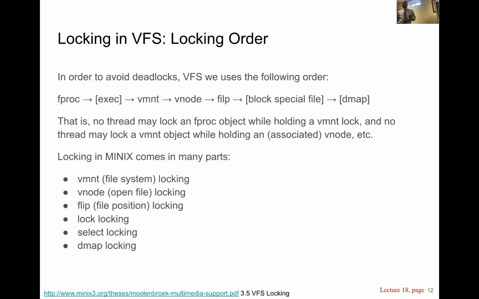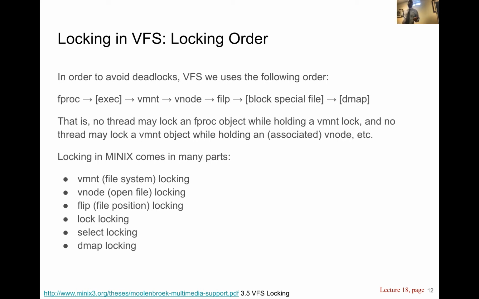As an example, a thread cannot lock an fproc object if it actually holds a lock on something down that chain, such as a vmount. So if you hold a lower level lock, you cannot acquire a higher ordered lock until you release that first.